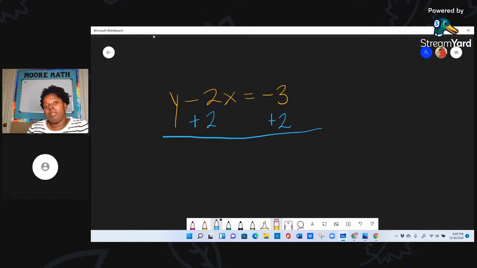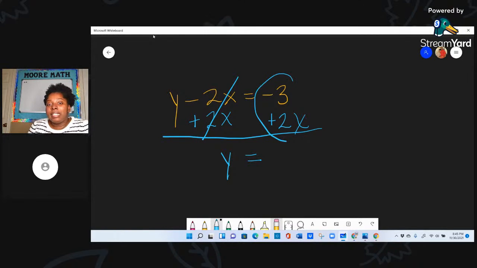Well, it's not just -2. I can't just do +2 because that's not helping me get rid of that -2x. What do I have to add? 2x. So when I add 2x, I get rid of that -2x. I have y on this side.